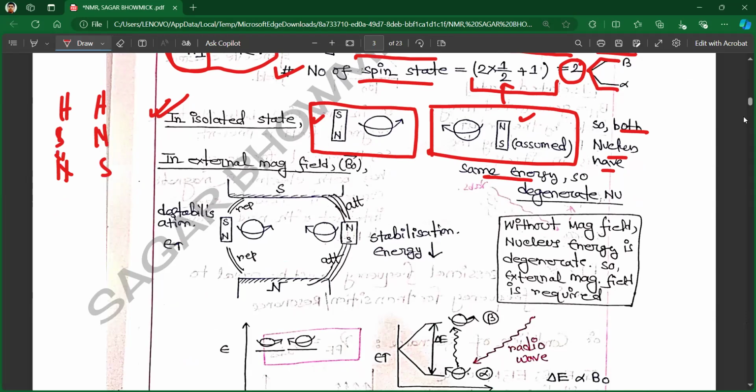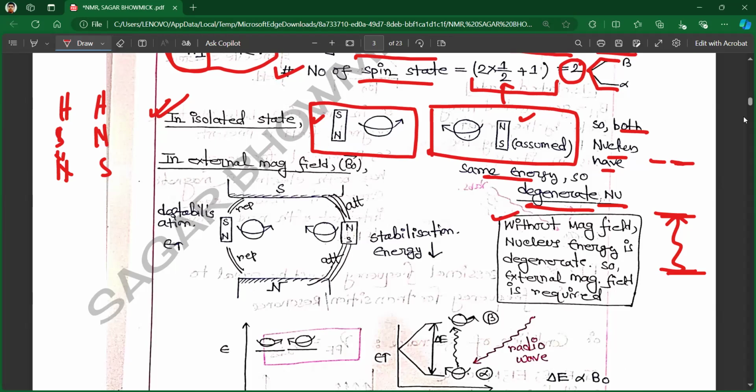That means this will be a degenerate state, degenerate nuclei. Without magnetic field, nucleus energy is degenerate, that means same energy. So an external magnetic field is required. Otherwise, in any spectroscopy, we need a transition. Transition is possible only if there are two different energy states. But when there is no external magnetic field, these two nuclei are in the same level. So no transition is possible, right?